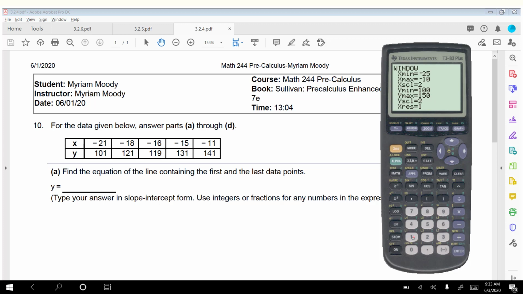How about we say increments of 10? Okay, so let's go. Wait a minute, I can't graph it yet, can I? Remember, we have this y equals in here. And this equation didn't go with this problem. It went with the last problem. So I need to clear this out before I do my stat plot.